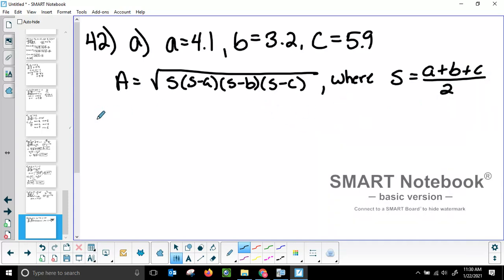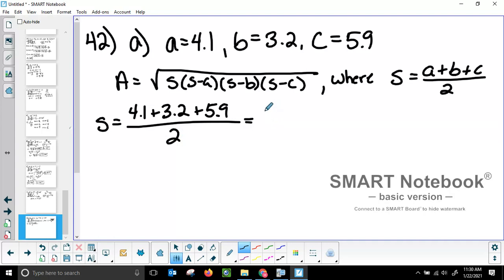So first we're going to find S, and that is 4.1 plus 3.2 plus 5.9 all over 2. That's 13.2 divided by 2, which is 6.6.